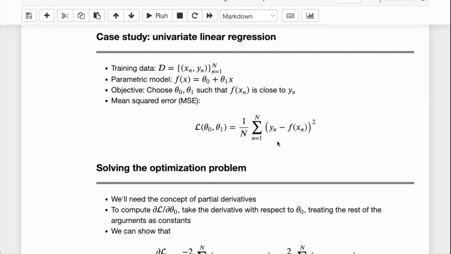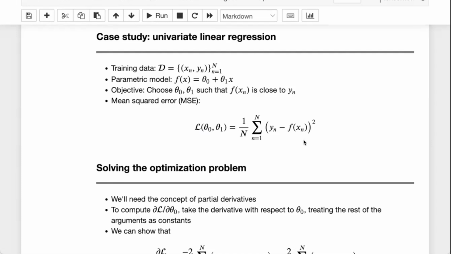Overall, this loss function is also known as mean squared error or MSE because we sum all these prediction errors and we also divide these by the total number of data points, which is this uppercase N. So with this motivation in mind, this is also called mean squared error.